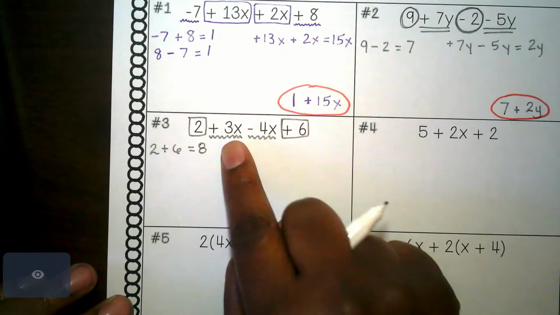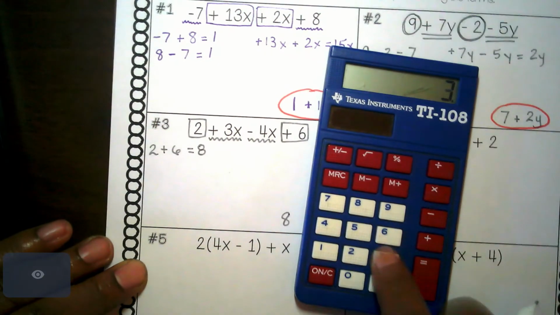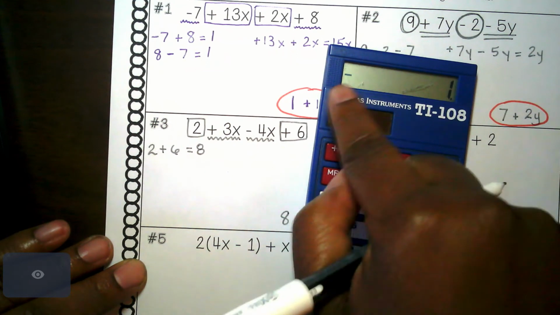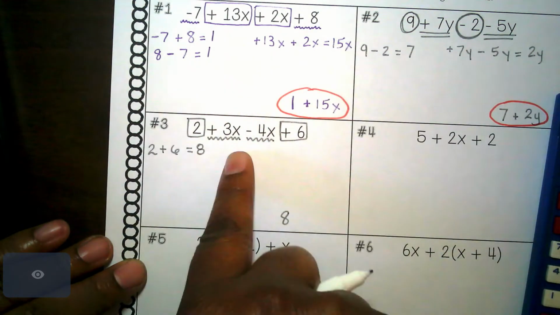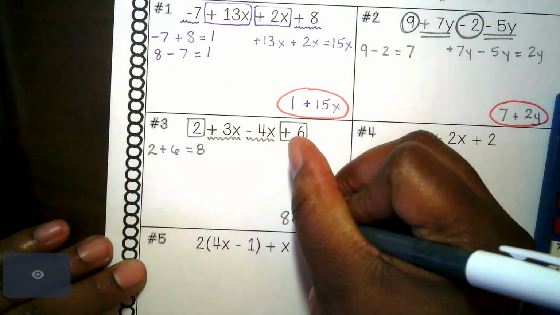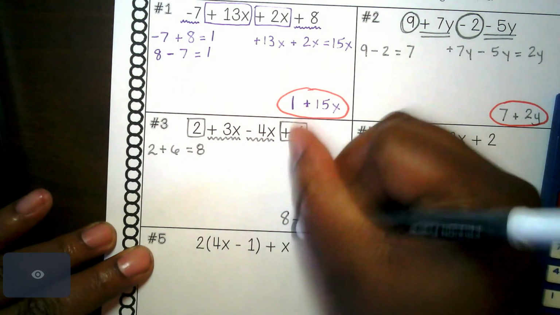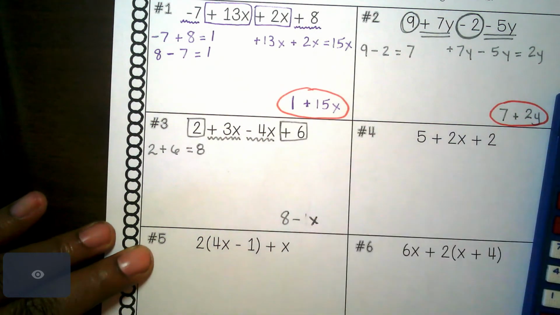This 4x is bigger than 3x. So we're going to operate with this one a little differently. A quick way to do it is to say, okay, if I have 3 and I'm taking away 4 of them, I have, look at that, negative 1. So this means that I have negative 1x left. So I could say negative 1x, or I could simply just say minus x, because remember that invisible 1.